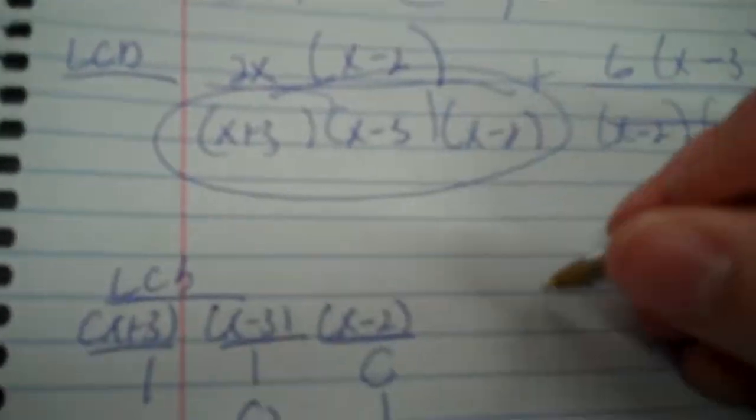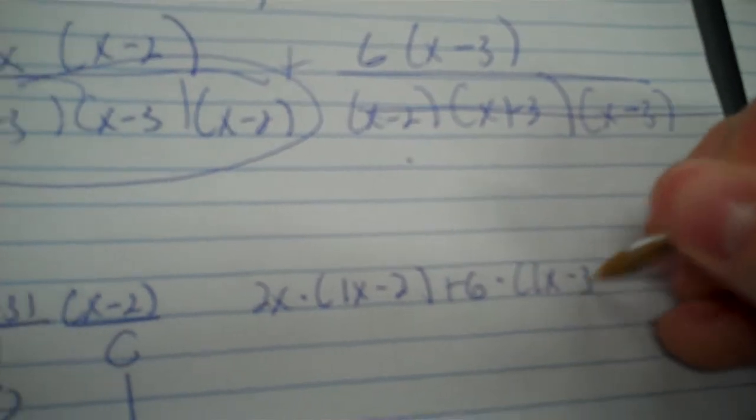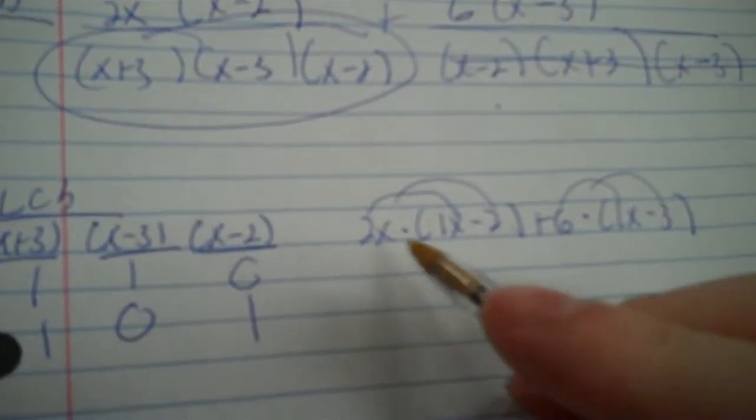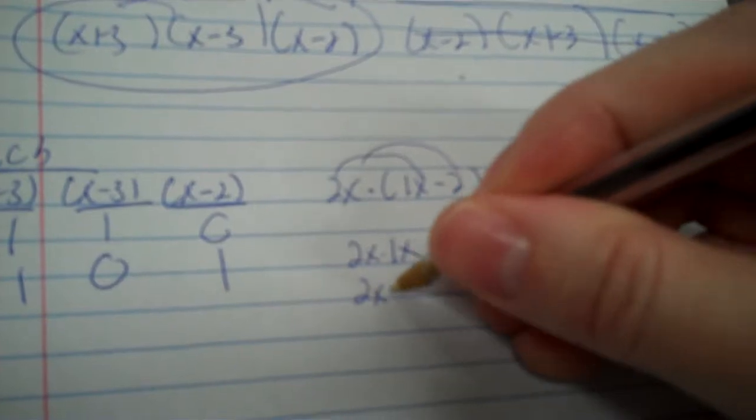Okay, now what do you have on top? We got 2x times 1x minus 2 plus 6 times 1x minus 3. Distribute, distribute. So you got 2x times 1x, 2x times negative 2, then 6 times 1x, and 6 times negative 3.